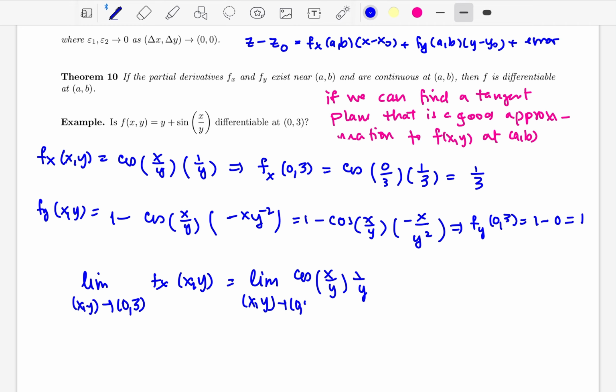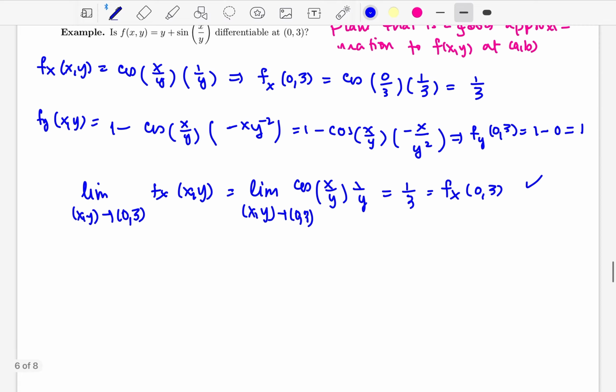You plug in, you get a number, you're done. You get 1 over 3, which is the same as f_x(0, 3). So this is continuous, and the same thing happens for the partial with respect to y.